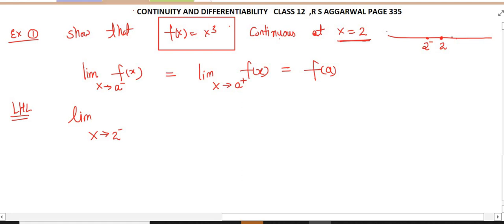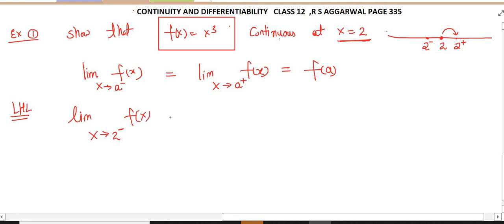And for right hand limit, we check at a number slightly more than 2, which is 2 plus. So this is the representation 2 minus, and then we just write f(x).